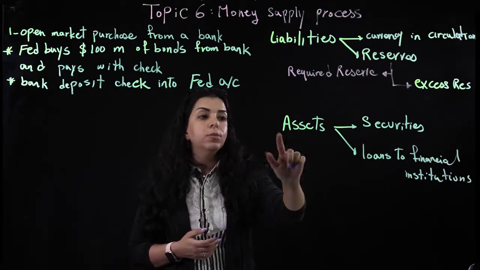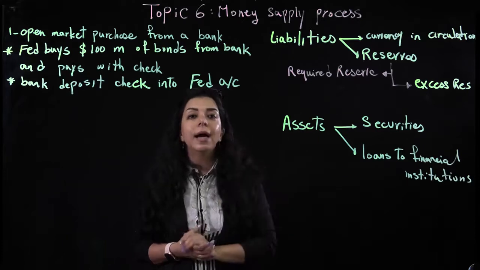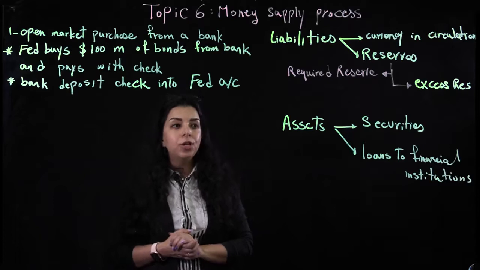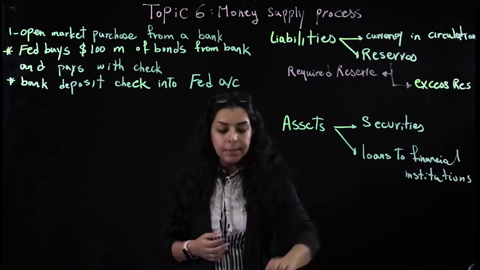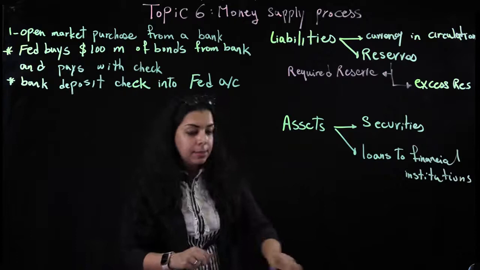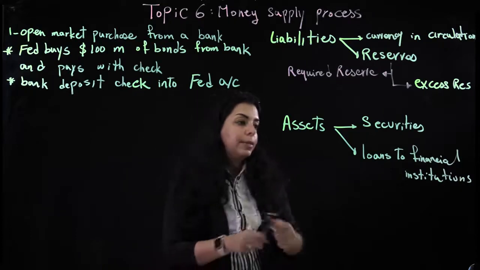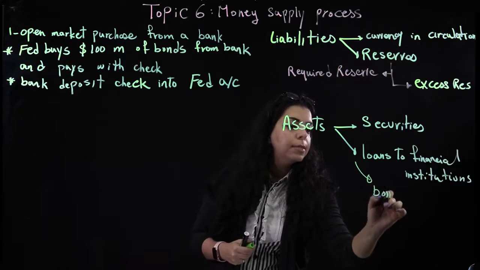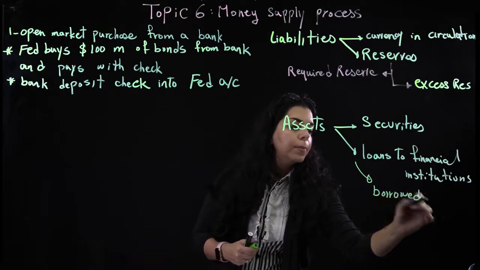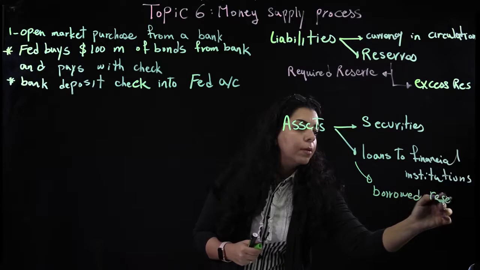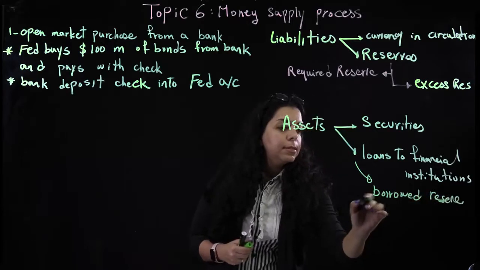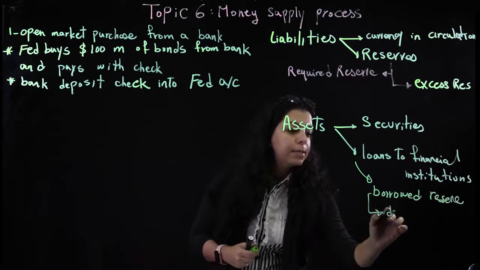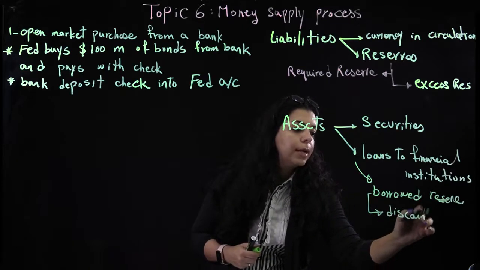That's why this is considered an asset for the central bank. The rate at which the central bank gives this loan to the banking system is called the discount rate. So this is called the borrowed reserve, and the rate at which they provide this reserve is the discount rate.